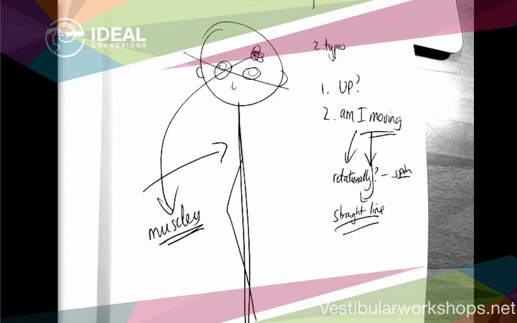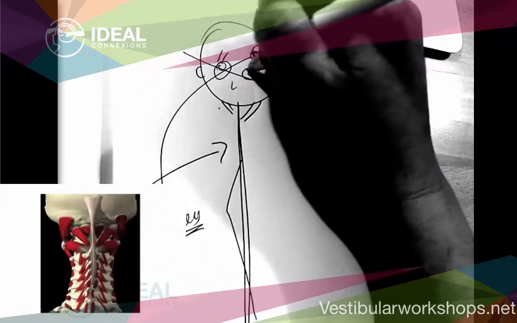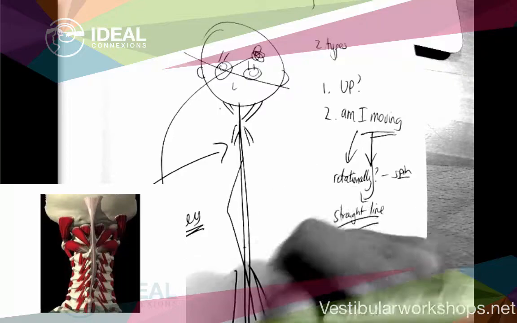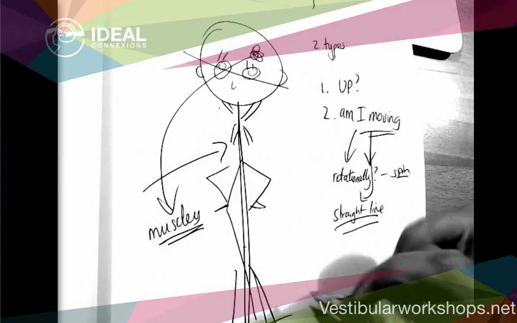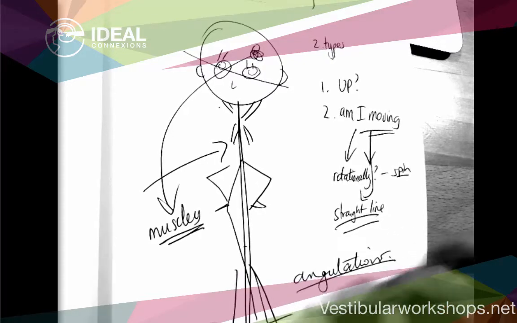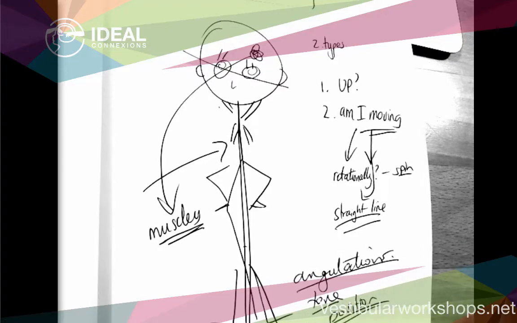Often, but not always, that's because your vestibular system is telling the muscles that control these things in your eyes, your neck, your spine, and your body, of course, what to do, where to sit. And this gives you all your angulations, tone, and position. And that's what we're looking at every single day as clinicians. So that's why it's important. Well, that's the first reason it's important.